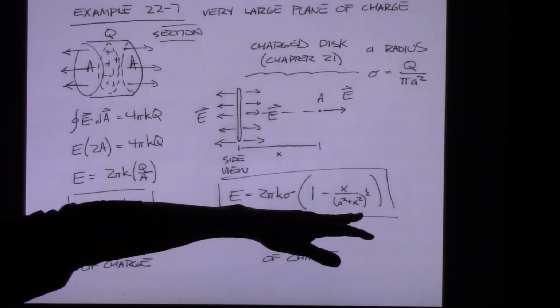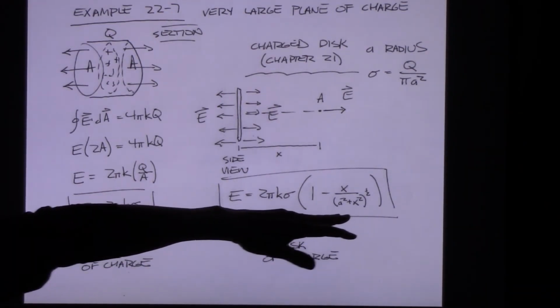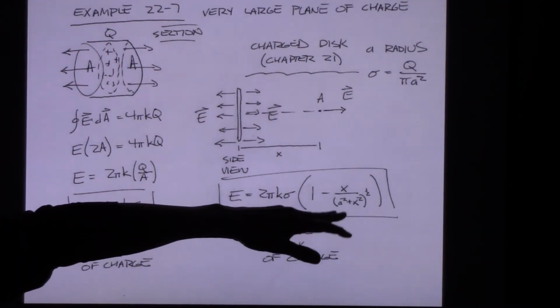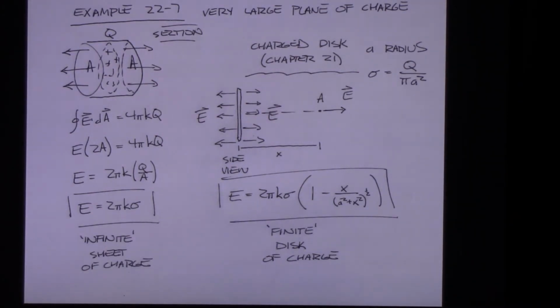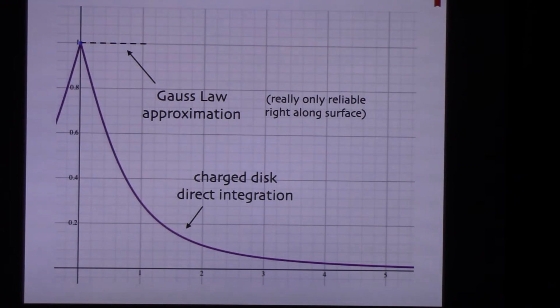And this formula is telling us exactly by how much. Now, we could plot this. We could do a graph of this and see at what rate the electric field drops off. Let's try that and see what that tells us. Uh-oh, it drops off pretty fast. Now, this is what we saw in chapter 21, so that was one of the reasons we spent a fair amount of time looking at that example.